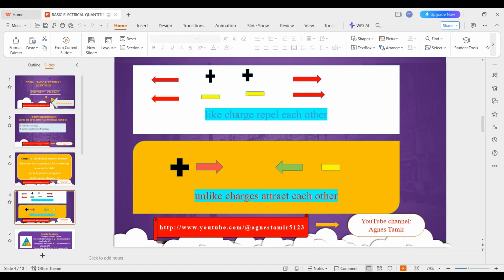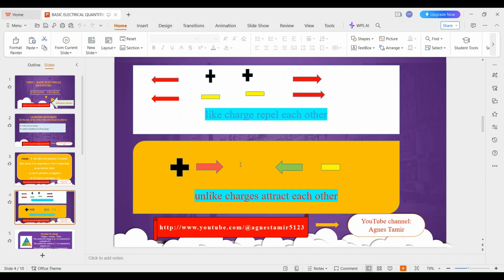Those are like charges, and like charges repel. The arrows show repulsion. Therefore, there is a repulsive force between them. They cannot attract, they repel each other.